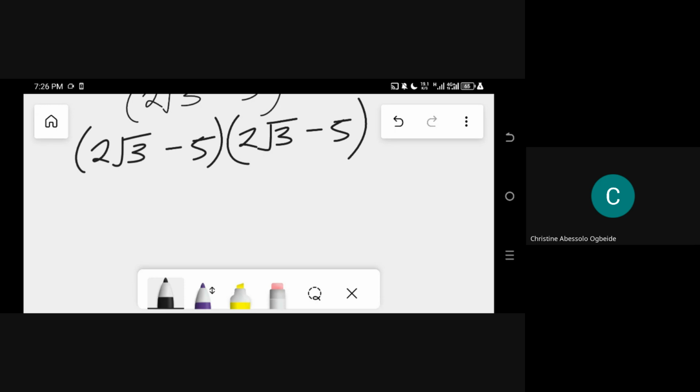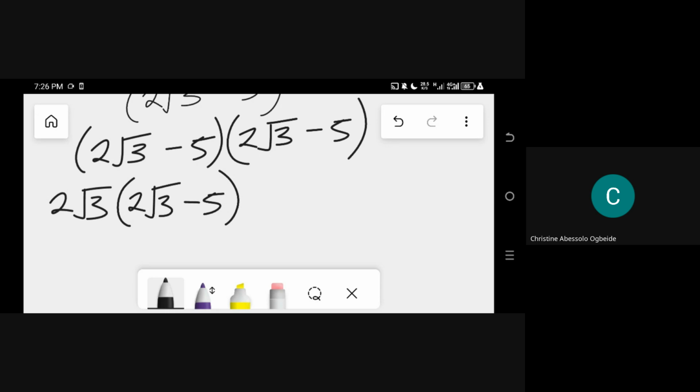So what we're doing here, just like I've explained using expressions, this 2 root 3 in the first bracket, you will use it to multiply the second bracket, which is 2 root 3 minus 5. That is the first thing. So 2 root 3 in the first bracket times the second bracket.